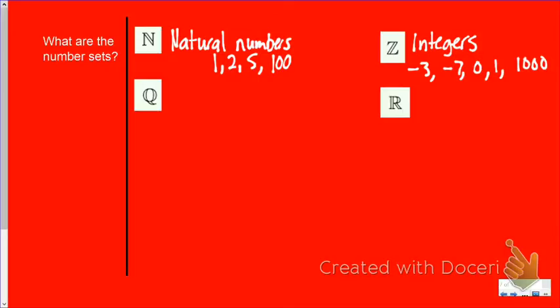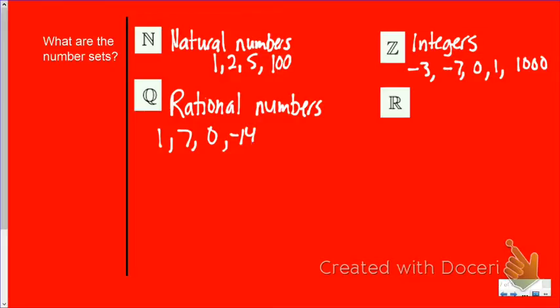Okay. Q is the set of all rational numbers, and that's the new word we're going to talk about some today. Now you've heard this before potentially. A rational number is any number that can be written as one number over another. So all of your whole numbers, positive and negative, 1, 7, 0, negative 14, can all be written as that number over 1.